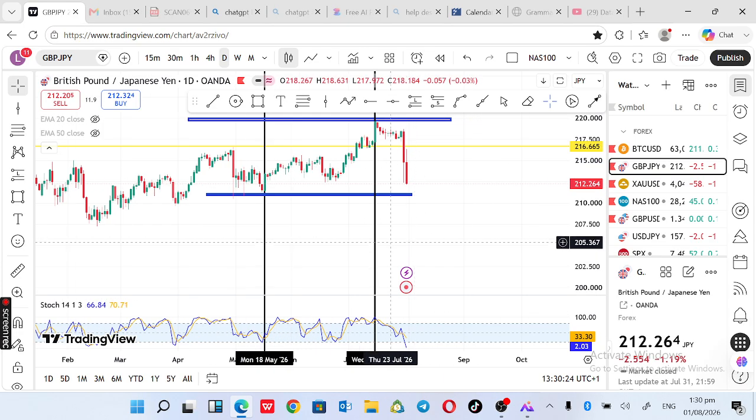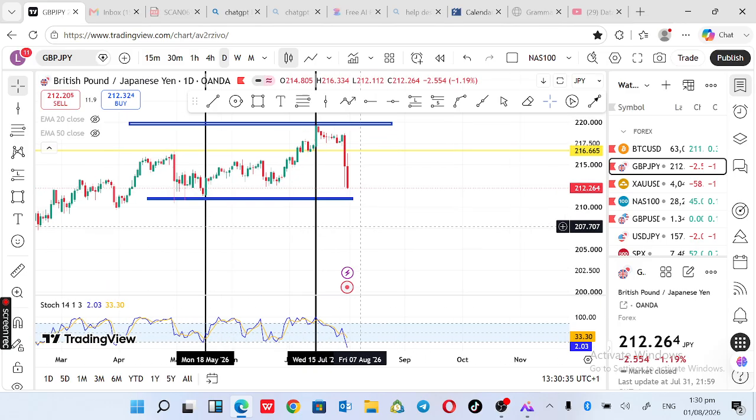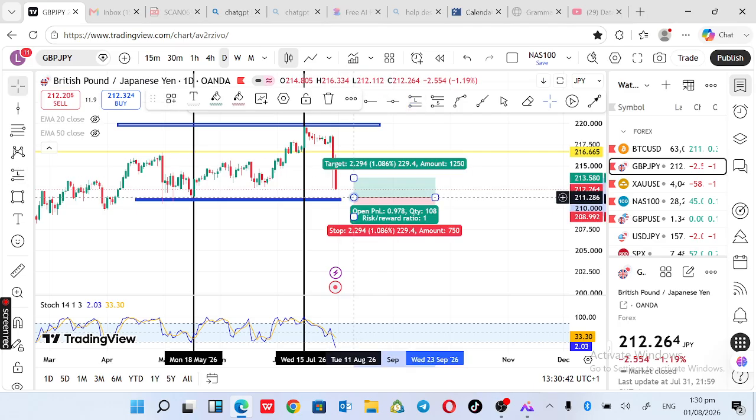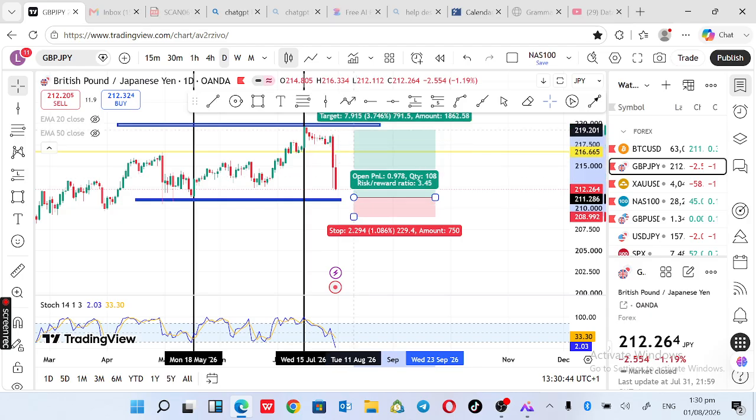Now, what do we need to do? At this level, we are waiting for this market to possibly drop down to this zone because the market is actually getting to oversold. Then we enter a buy at this level. So this is a possible entry for us to buy up to this zone.